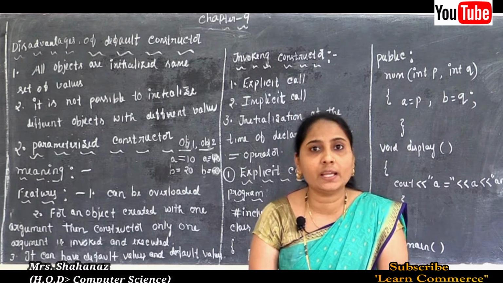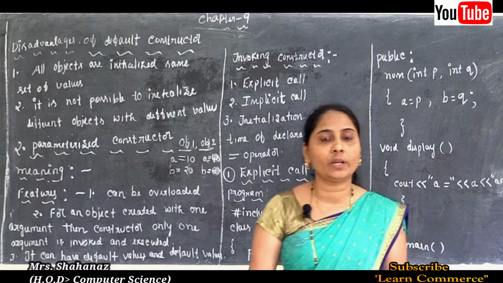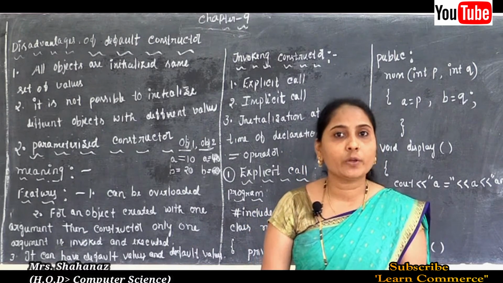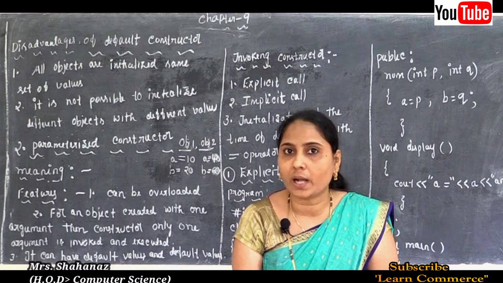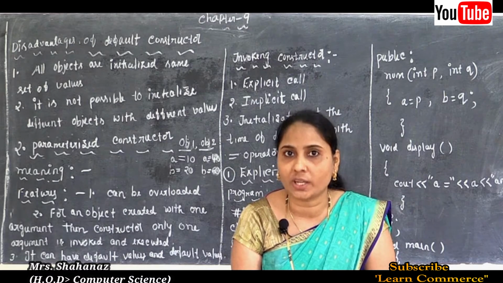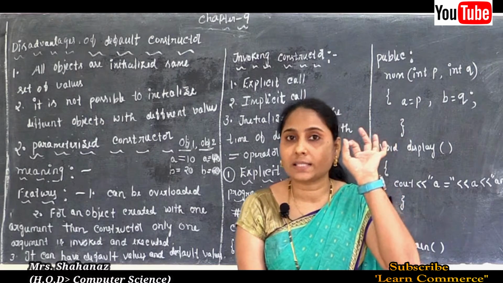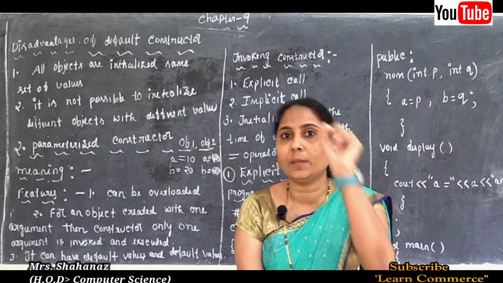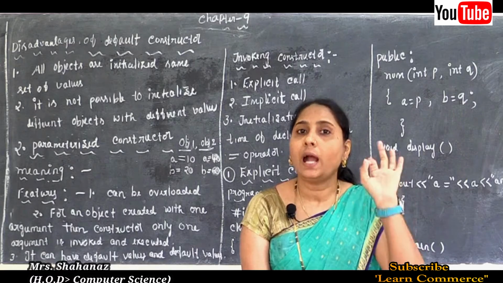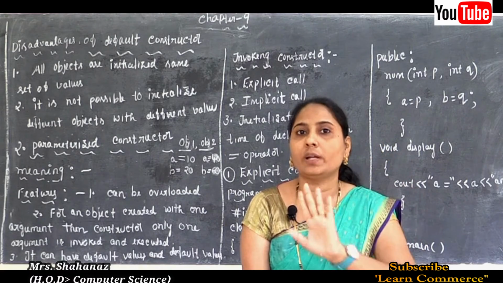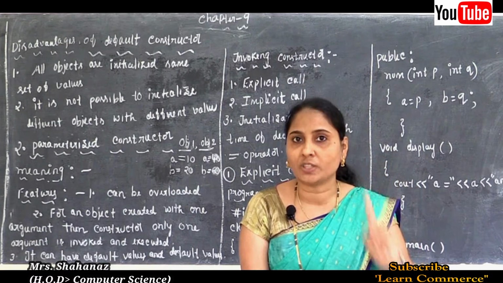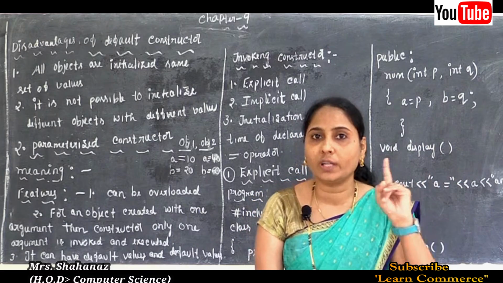This is called overloading or overloaded functions. By using our default constructor we can't use overloading. Why? Because in our default constructor only the constructor name is used, and within the parentheses we are not using any arguments. Because of this reason we can't overload by using our default constructor.